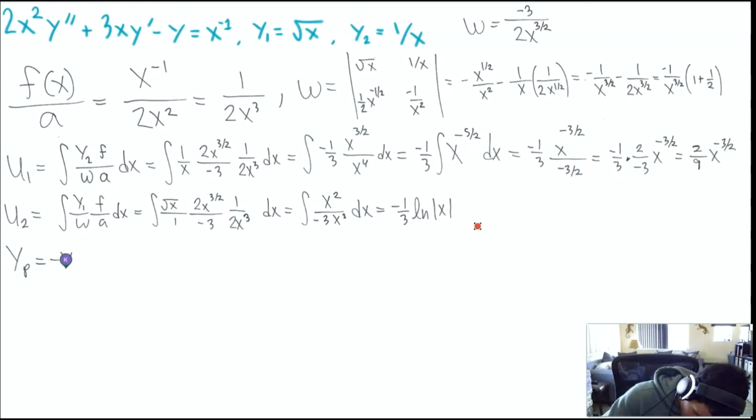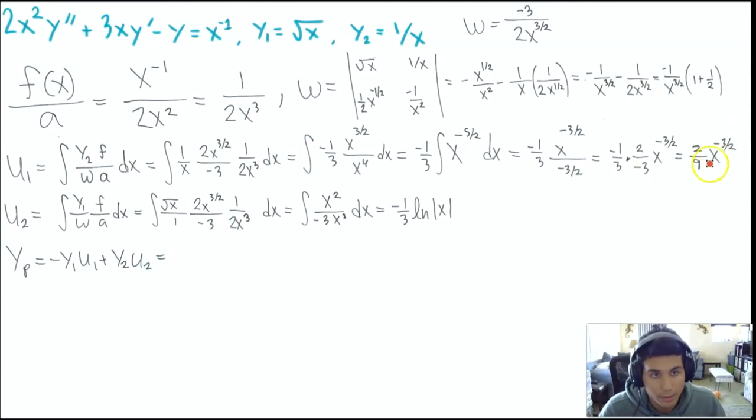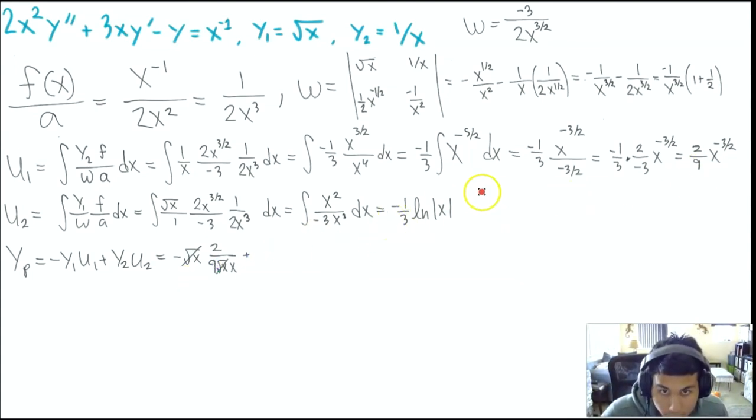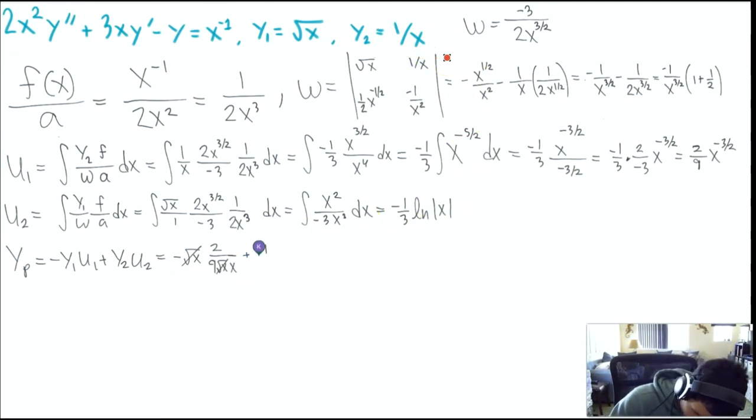yp is equal to negative y1 u1 plus y2 u2. What is negative y1? I mean, what is this term? It's this term times negative this one. So I'll write it negative square root x, 2 over 9. Okay, now this is x to the negative 3/2, so I'm going to write it square root x times x. So these can go away. And this is plus, what's y2? y2 is 1 over x, and it's times negative 1 over 3 ln x.